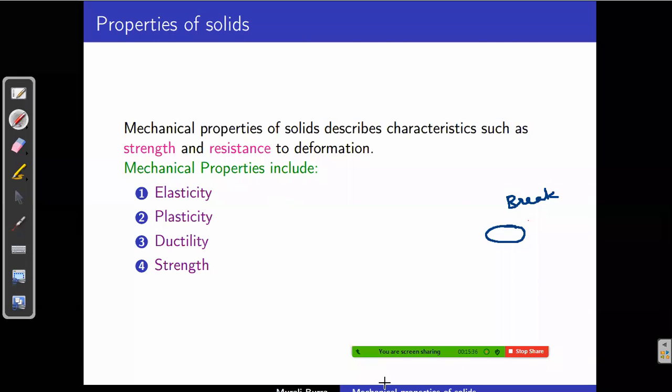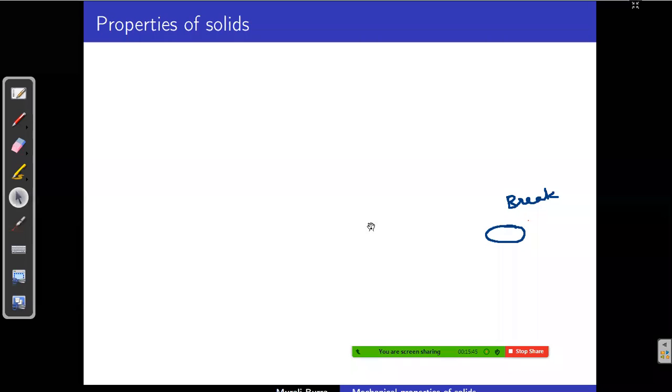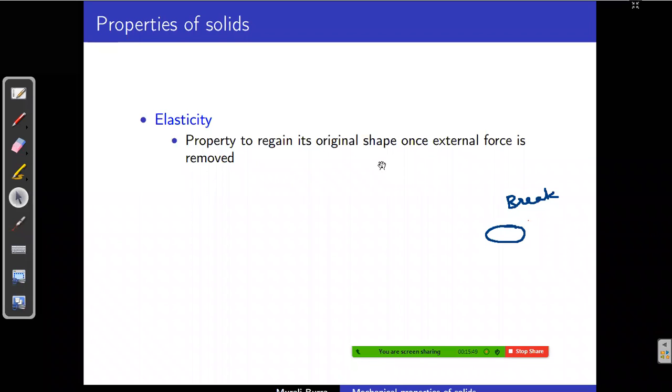Now that is about elasticity and plasticity; we will go as per definition. Elasticity is the property to regain its original shape once the external force is removed. When we pull a rubber band and leave the pulling force, it regains its original shape.